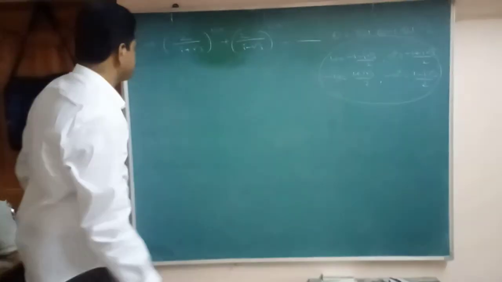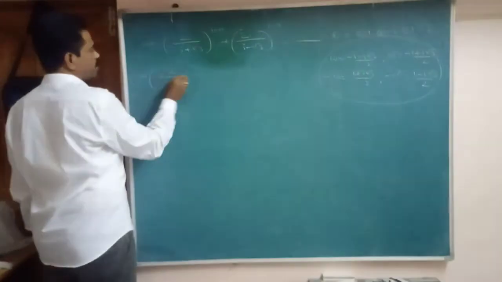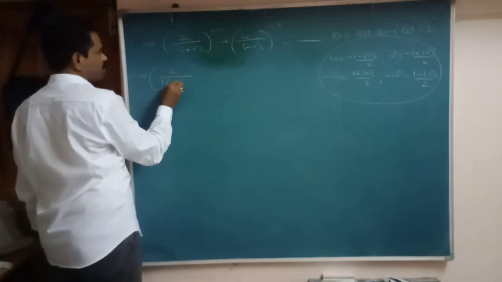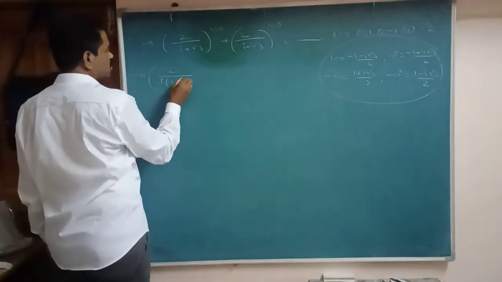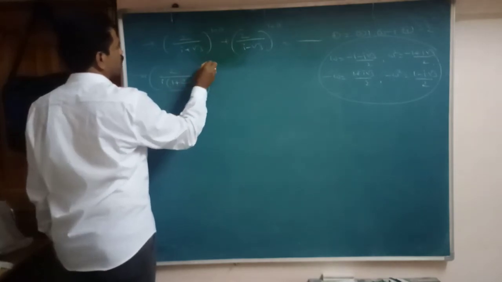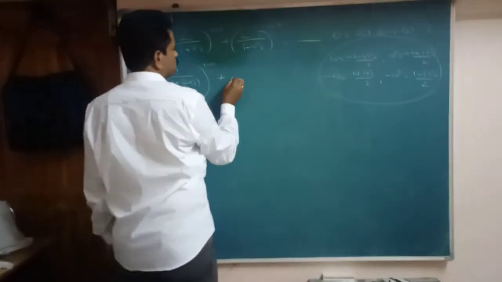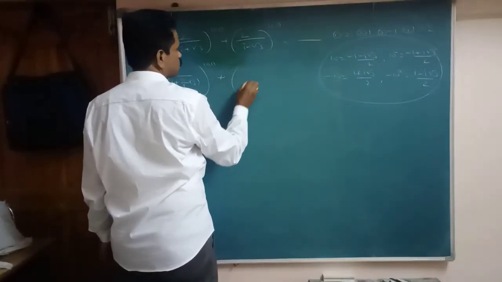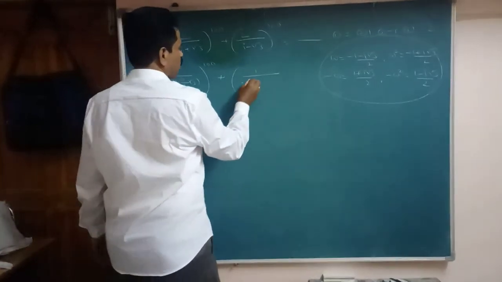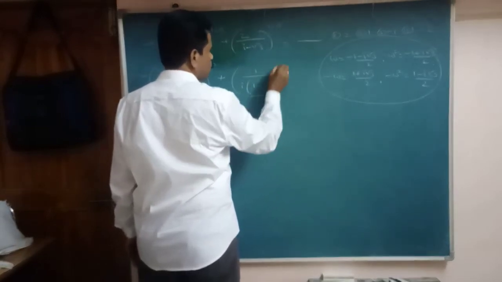Here 2 by, what I am doing here, I common in this one: 1 plus (1 by i) root 3 by 2 whole power 100. Here also, it will become 1 by i common, that is 1 minus (1 by i) root 3 by 2 whole power 100.